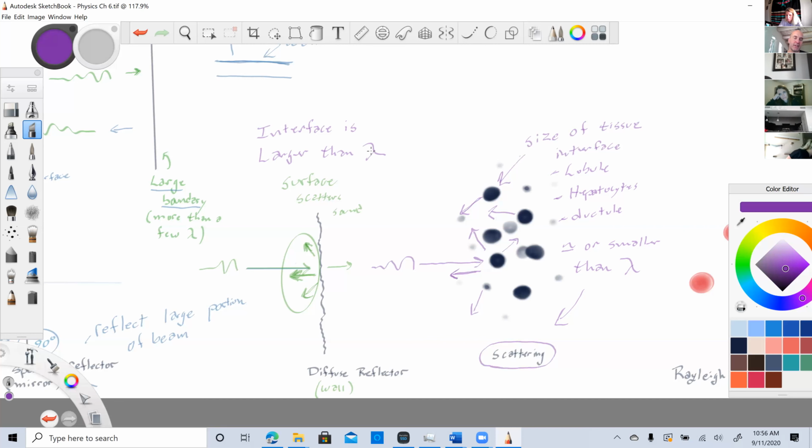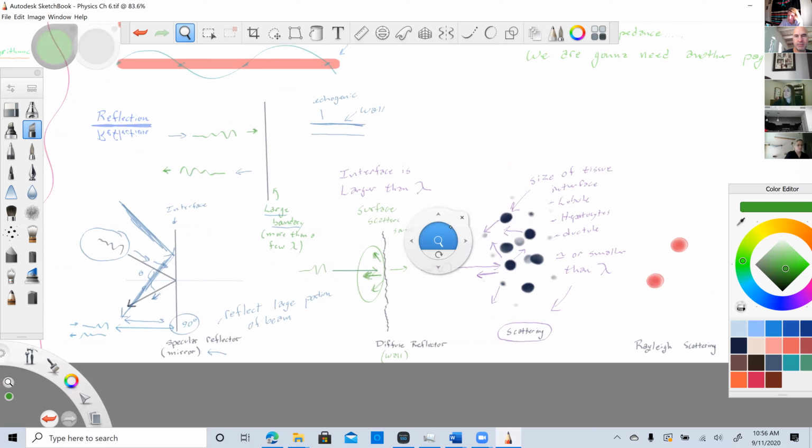And that kind of makes sense. Think of it this way. We already said, let's just get this a little smaller so I can fit more. We said this one is a mirror. We said this one was a wall.